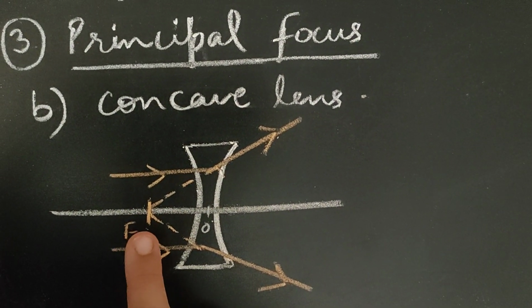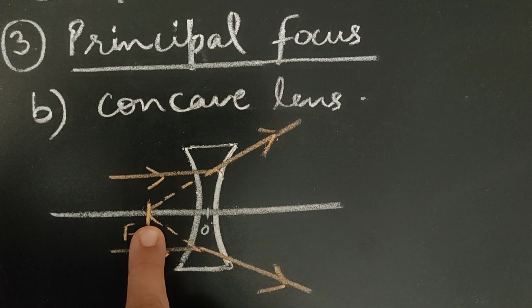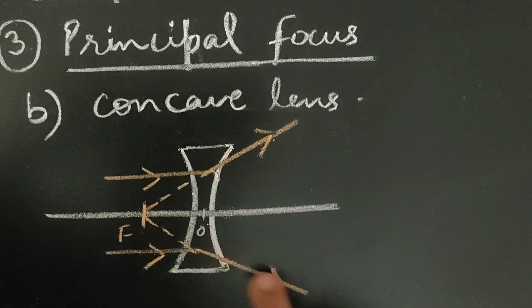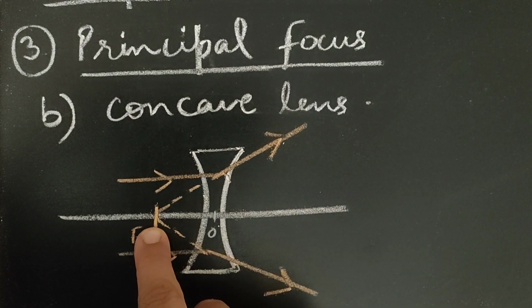So how do we define this point? It is that point on the principal axis where parallel light rays after refraction appear to diverge from.